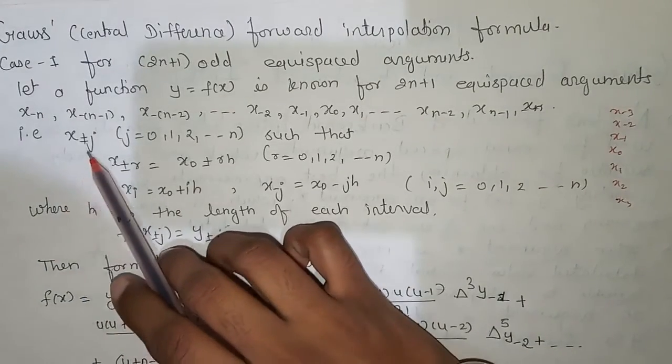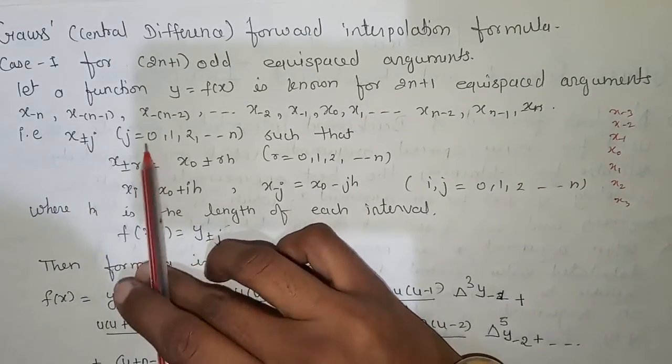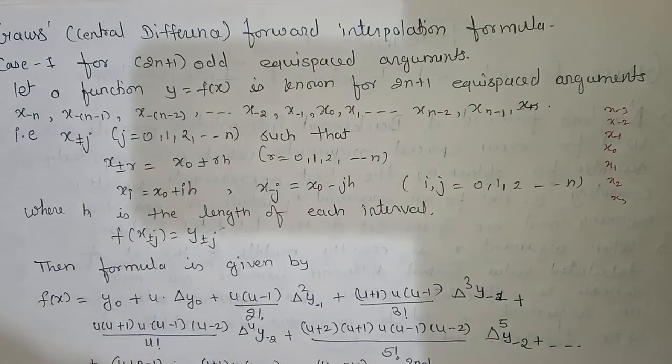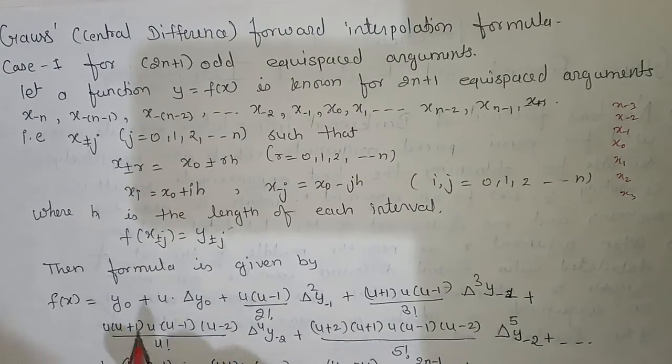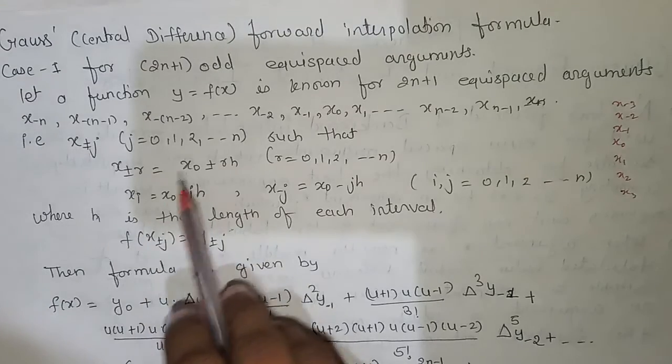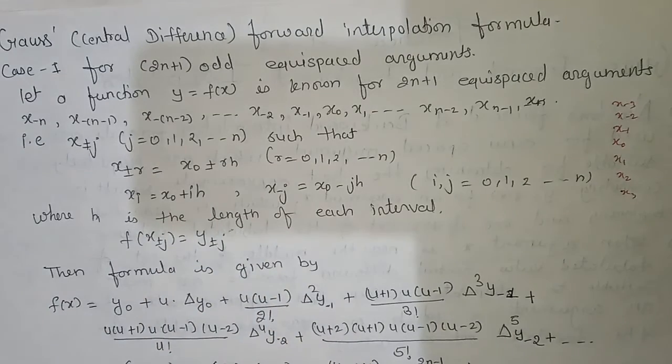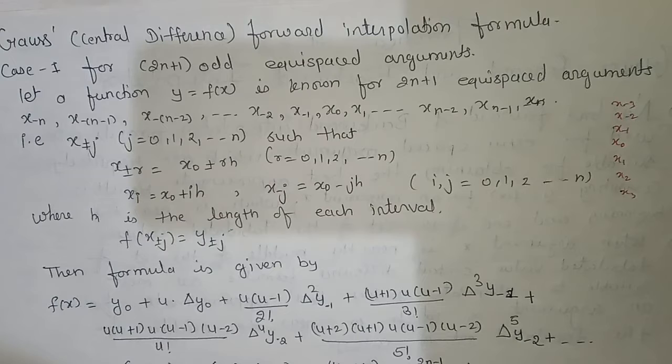That is, we have values x minus j, where j is from 0 to n, such that x minus j is x0 minus jh, and xi is x0 plus ih. This is not hard to remember, because xi is x0 plus ih.